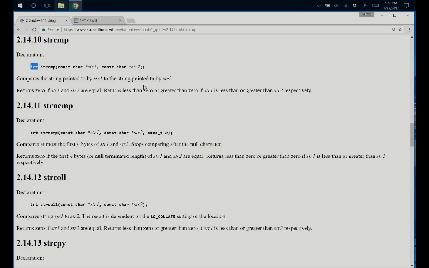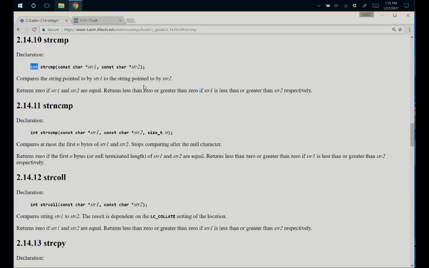And you should think of them as kind of like an inequality. If the first string is less than the second string alphabetically, then it's going to be a negative number. If it's greater, that's going to be a positive number. If they're identical, you'll get 0. That'll be the return value of the int.